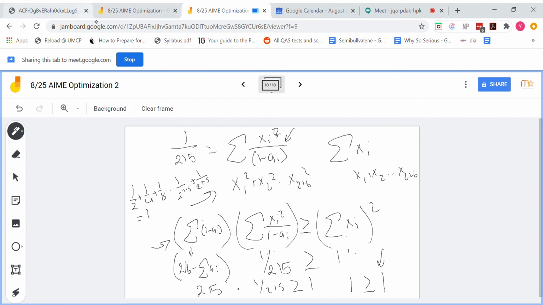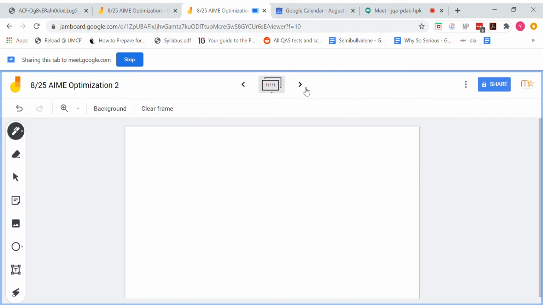And so now we can apply the equality case, right? We know the equality case is true. And in the equality case, if you remember, the equality case states that xi squared over 1 minus ai, over 1 minus ai, is equal to a constant for all possible values of i, right?